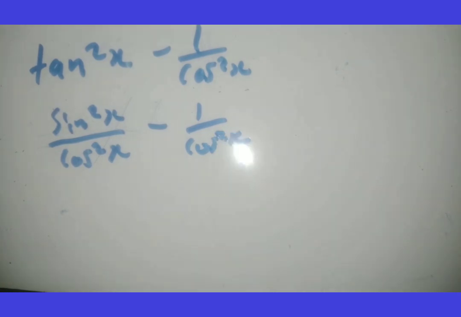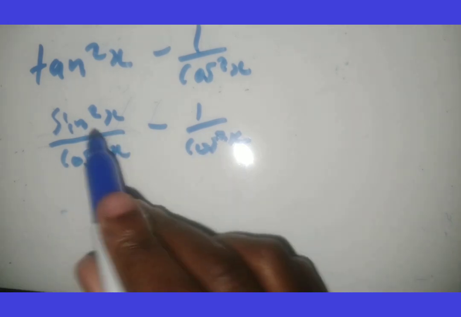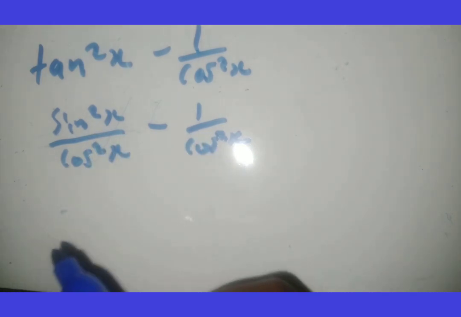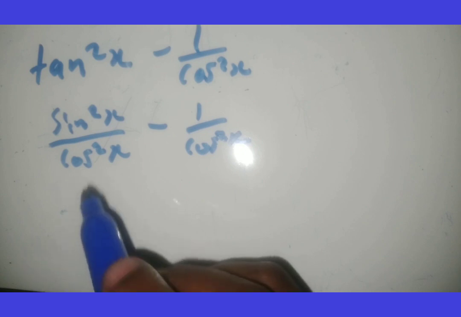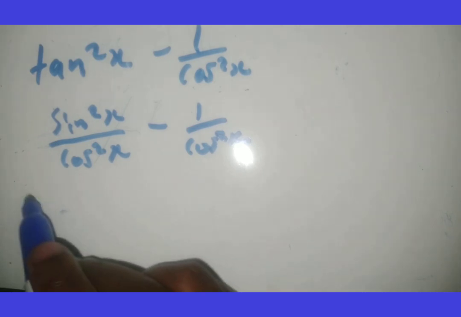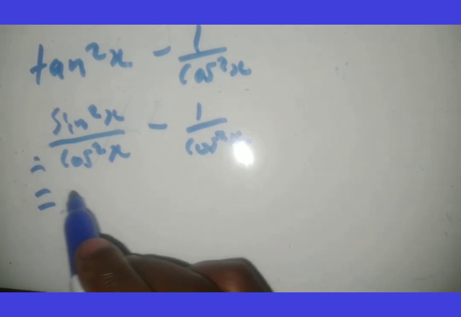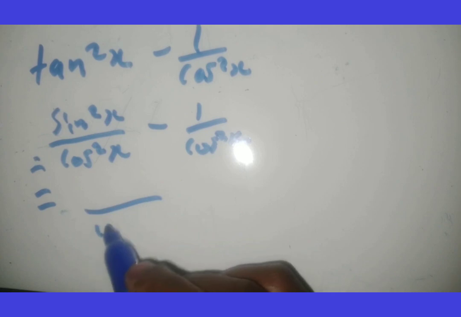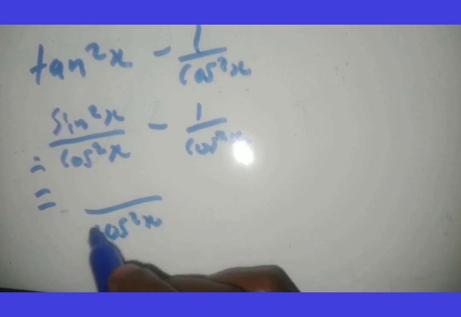And notice we have the same denominators. Whenever we have the same denominators, we don't have to multiply, and that will be a long cut. We can still do that, but it will be a long cut. Same denominators, the denominator will stay the same, so it will just become cos squared x. And then what do we do?